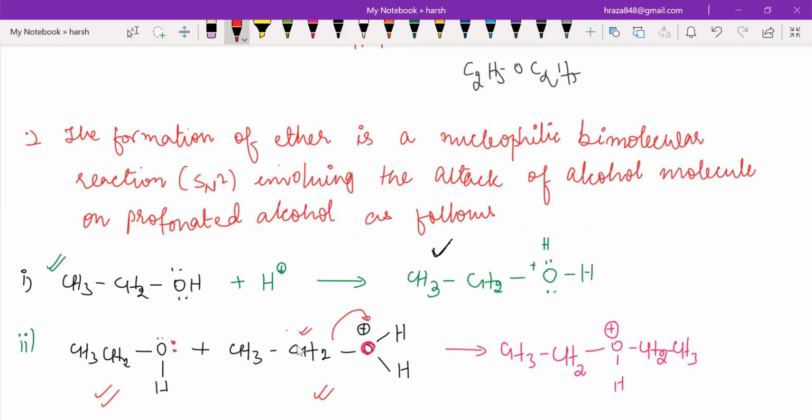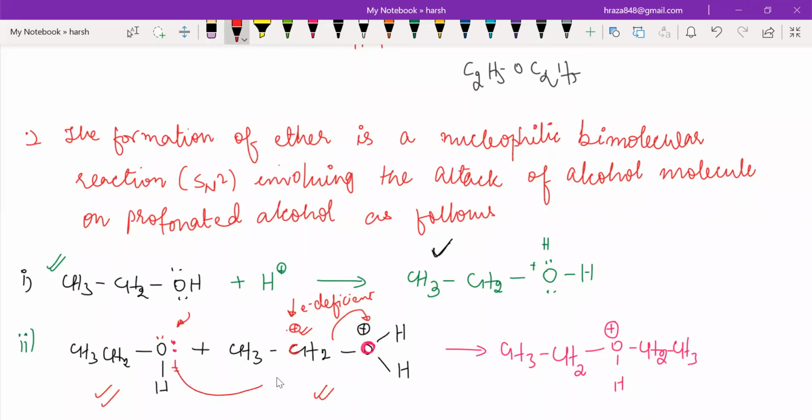So if oxygen withdraws electron from this carbon, this will have positive charge, yes or no? Yes, sir. And if there is positive charge, that means this is an electron deficient compound, yes or no? Yes. Now you can see the another alcohol, ethanol, is here, which is an electron rich species.